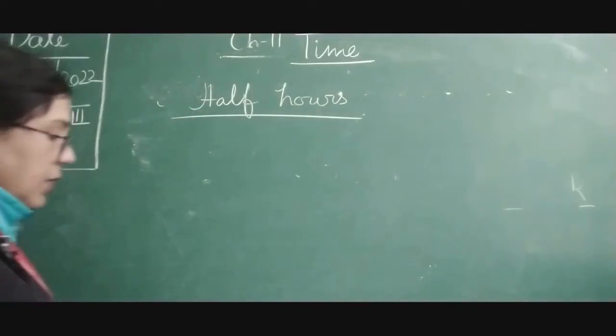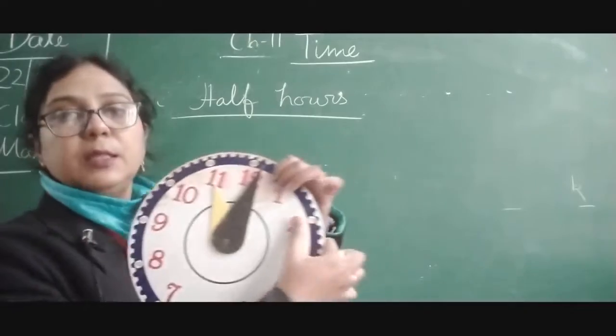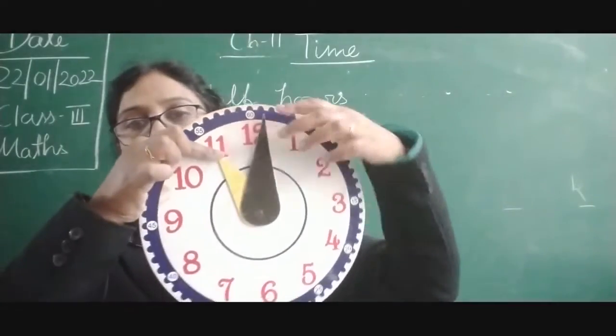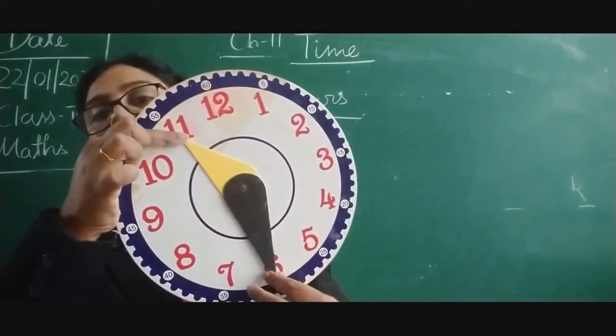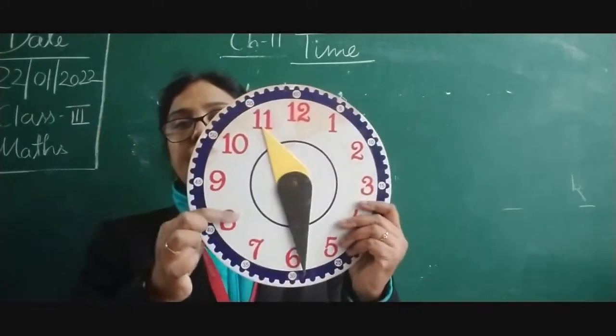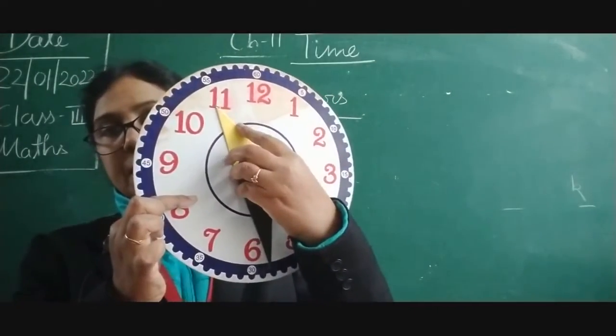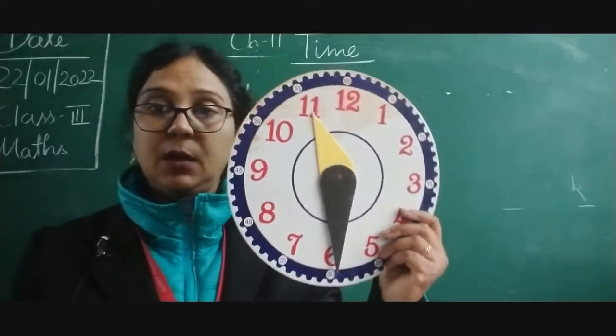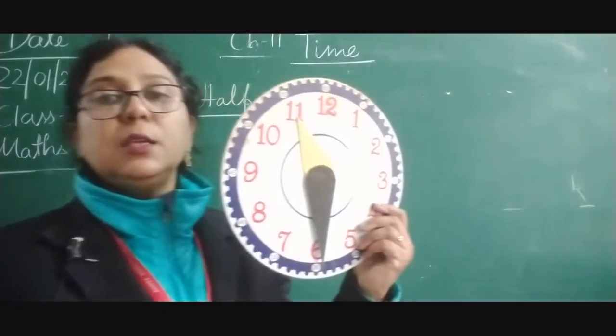First of all, over here, as you all know, this is the hour hand and this is the minute hand. If it is at 6 and the hour hand is in between 10 and 11, it will become 10:30.